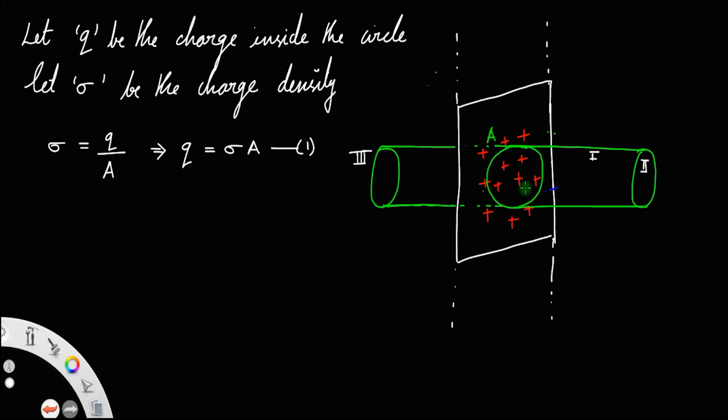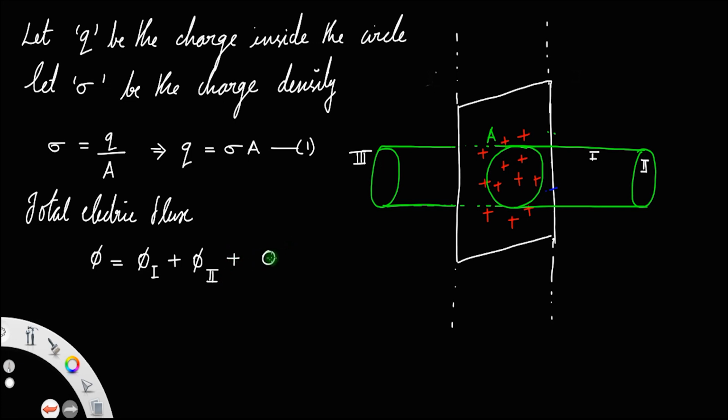And in order to find the electric flux through this whole Gaussian surface, let's call the total electric flux phi. It will be the flux through all the areas, that is, flux through this first curved surface area, plus flux through this second curved surface, plus flux through this cross section area, the third area.